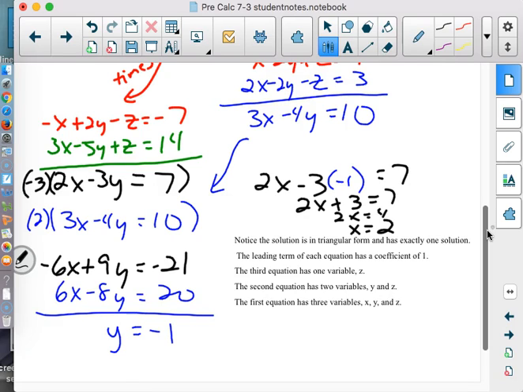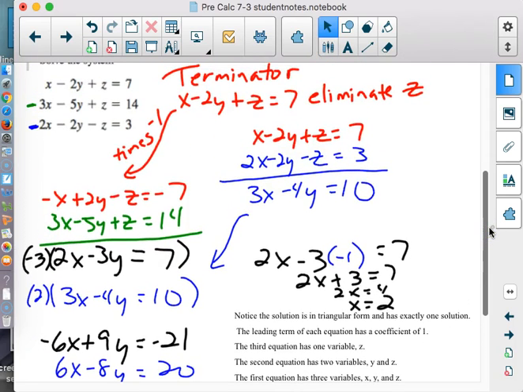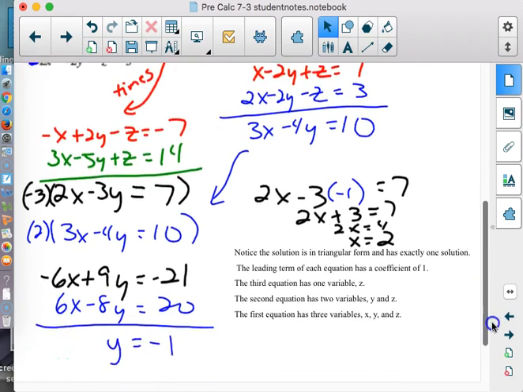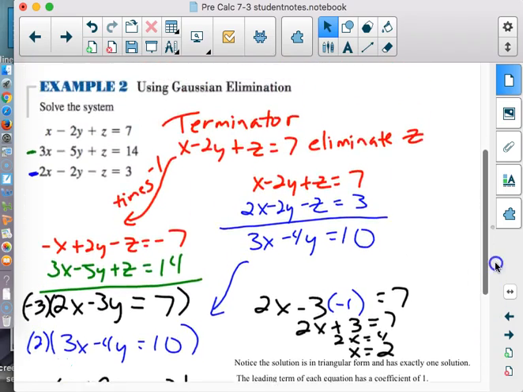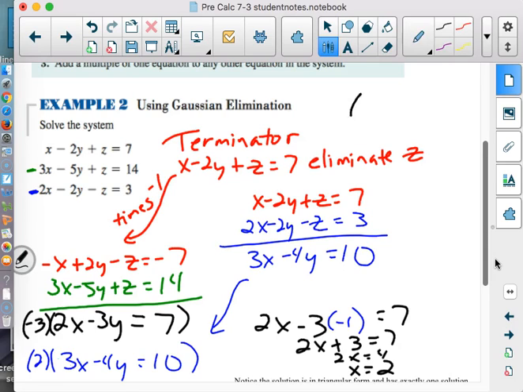Now, which of the original 3 equations did we say was probably the easiest to work with as our terminator? Because that's usually the one we want to go back to get the very last variable. So now we take our x equals 2 and our y equals negative 1, and go all the way back up to that terminator to see what we get.